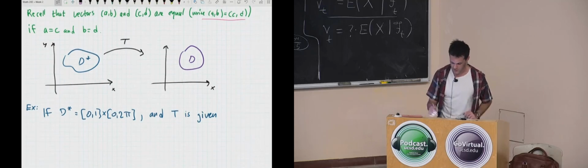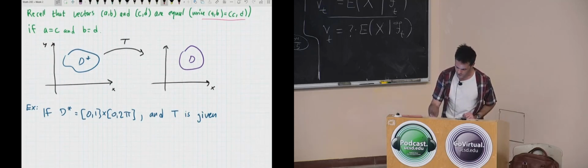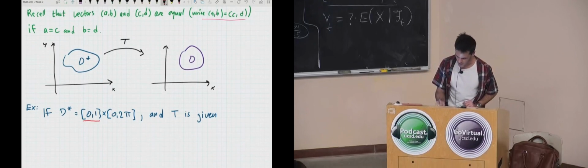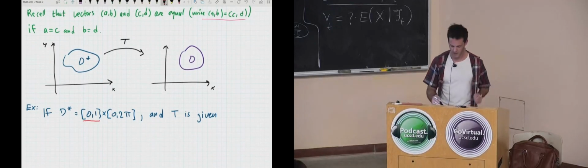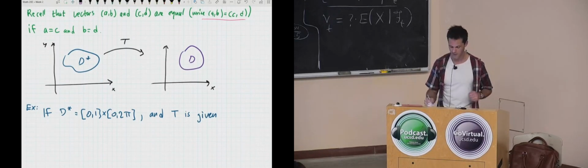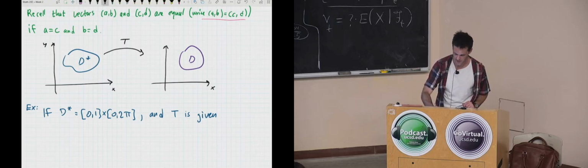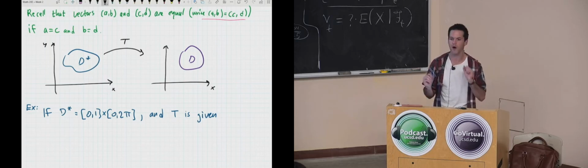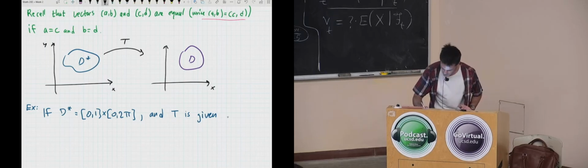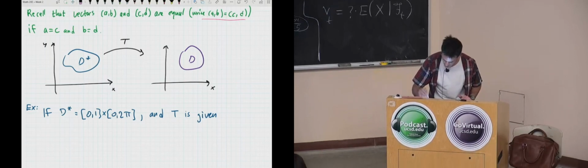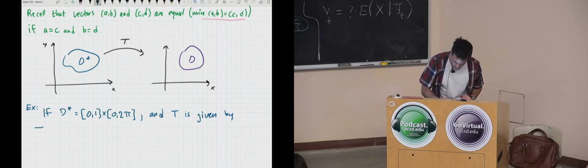The point is the variable you list first corresponds with the interval you list first, and the variable you list second corresponds with the interval you list second. So I'm going to use r and theta for the variables that T is acting upon, and you'll see the reason for this. T of r and theta is equal to r cos theta, r sine theta.